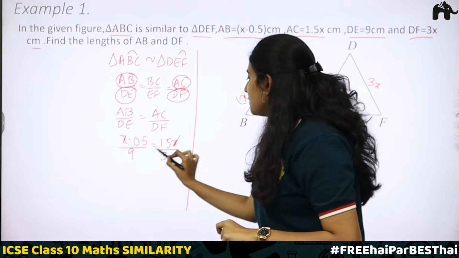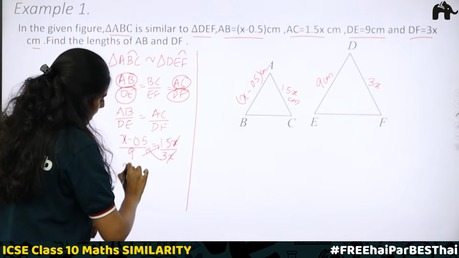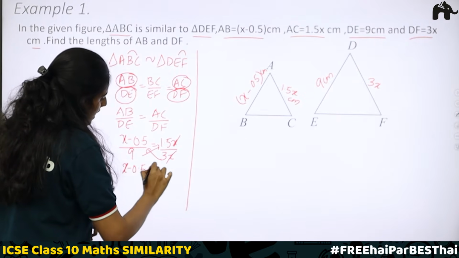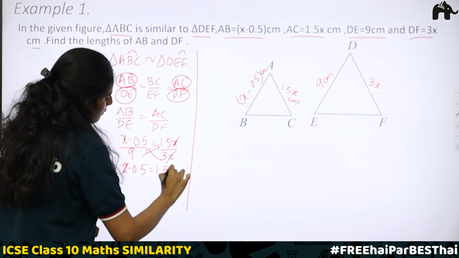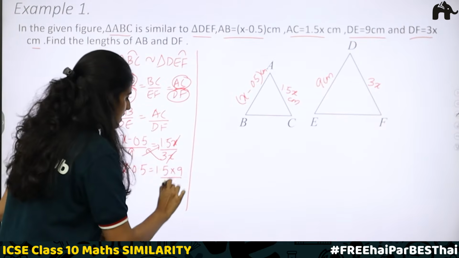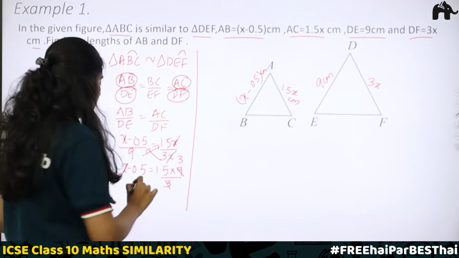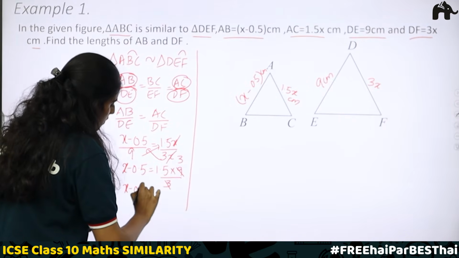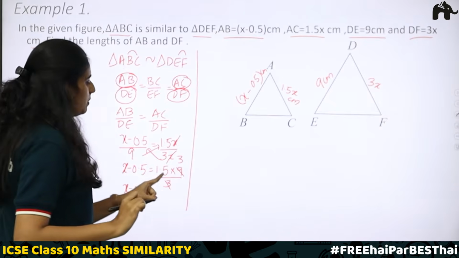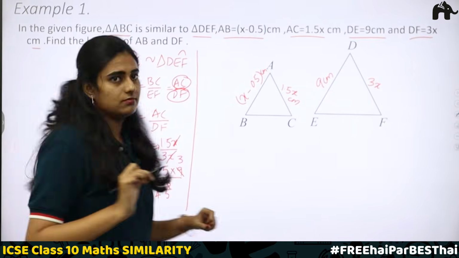Now cross multiplying. What do we get? X minus 0.5 is equal to 1.5 into 9 divided by 3. This 3 and 9 can be cancelled. We get 3 into 3 is 9. X minus 0.5 is equal to 1.5 into 3, which is 4.5.